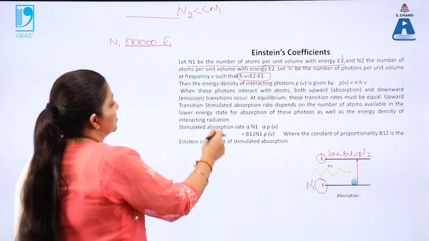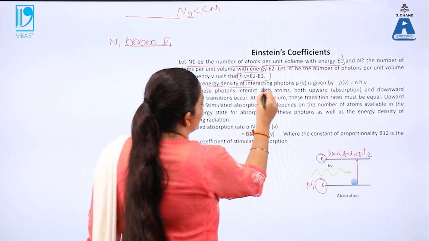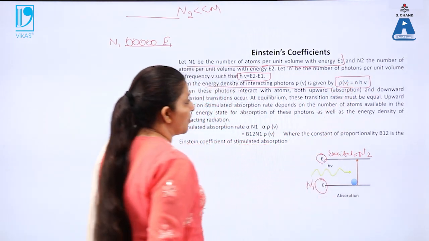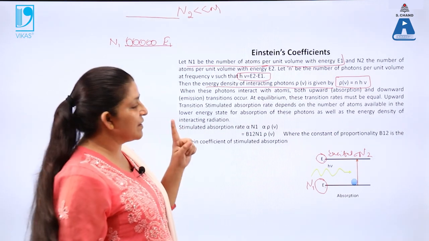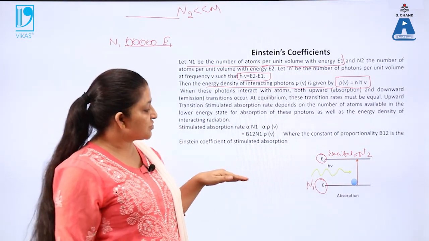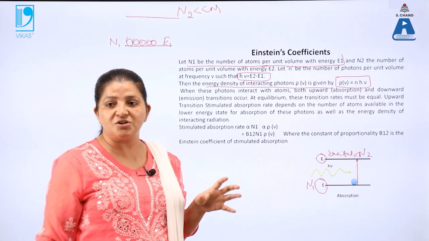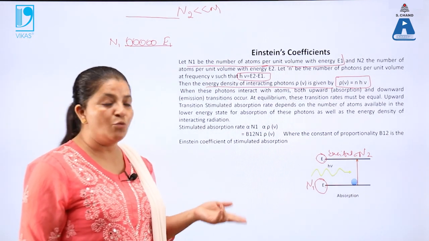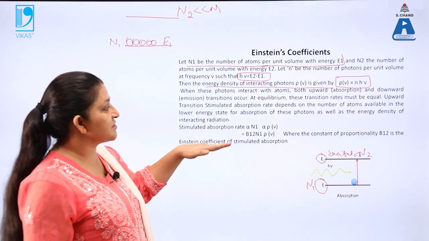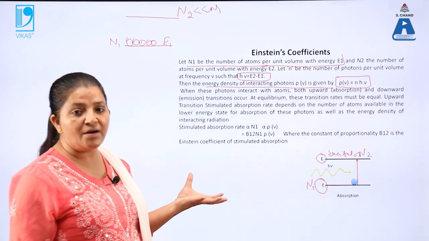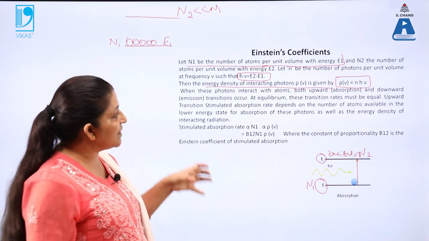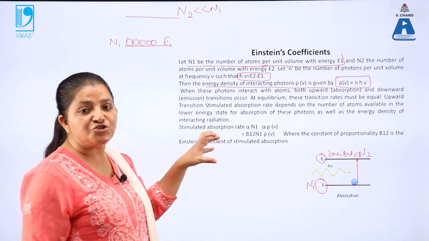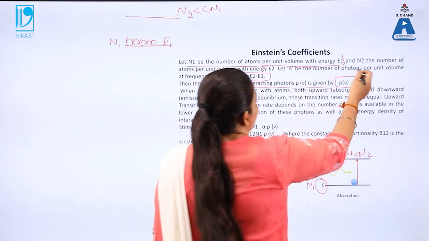Now the energy density of these atoms interacting with photons will be given by N h nu, because for one atom to travel from the ground state to the excited state, h nu energy gets absorbed. For the second atom to move from the ground state to the excited state, again h nu is required. So for the movement of N atoms from the ground state to the excited state, N h nu amount of energy is needed.